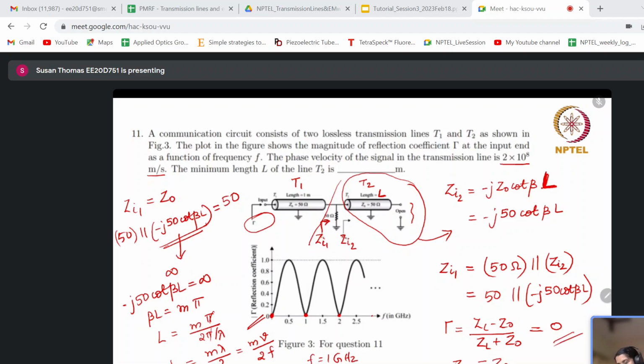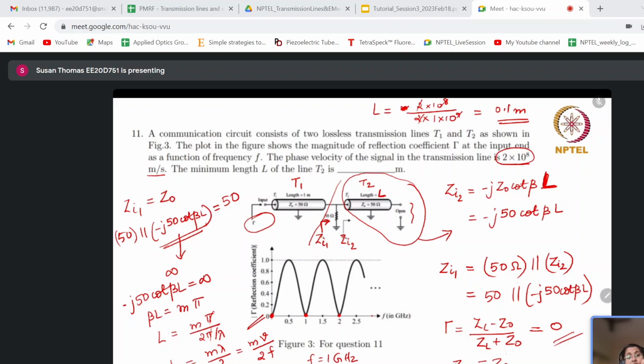L will be m, which I can take as 1, and v, the velocity of the signal in the transmission line, is 2 into 10 power 8 meters per second, divided by 2 into f, the frequency, 1 into 10 power 9. So this gives us 1 by 10, which is 0.1 meters.